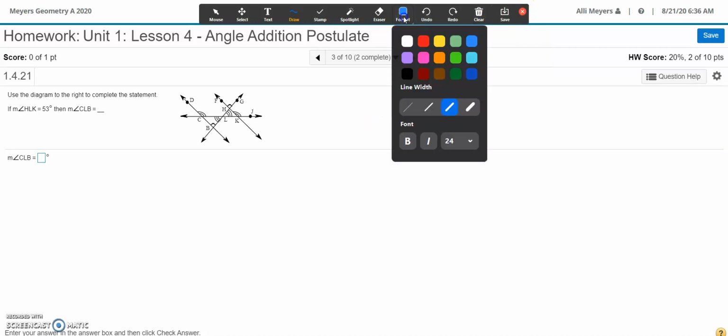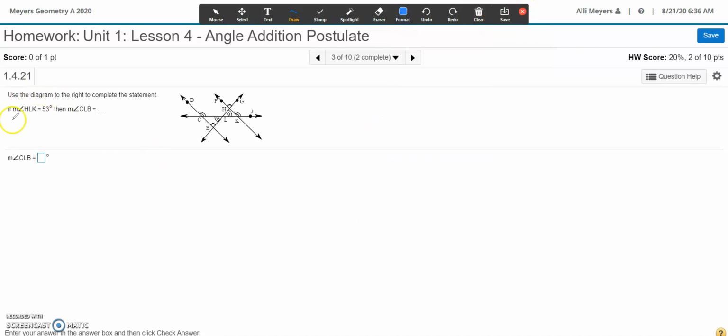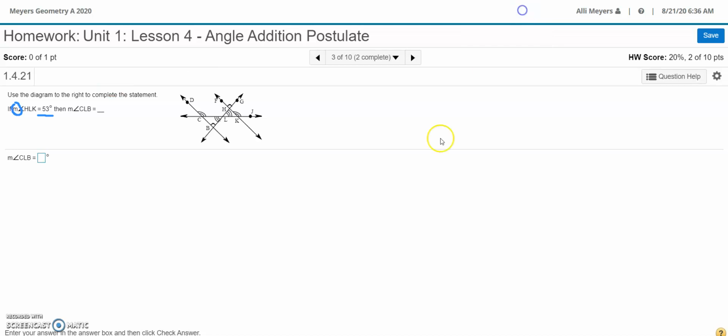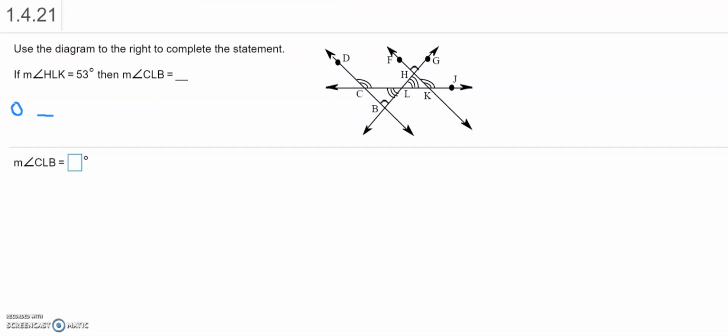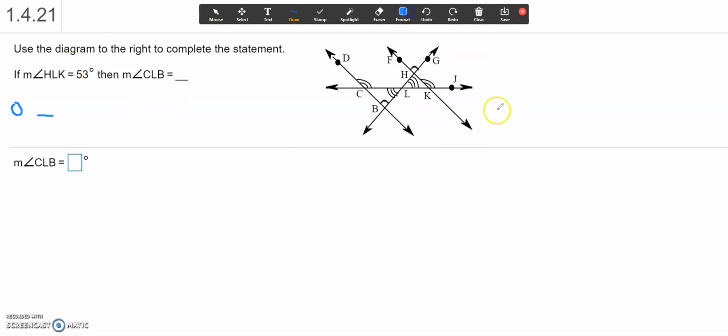Okay, this one, there's a lot going on here. This M means measure, which is how many degrees. So 53. Some people will struggle with finding HLK. Let me make my picture bigger here. This might be helpful. Be careful, if you mess up this first part, it's going to get ugly.